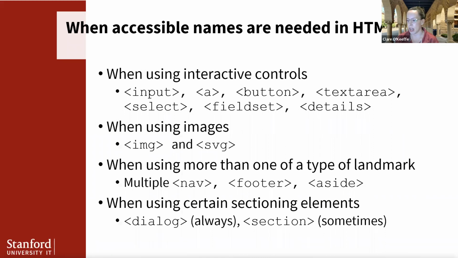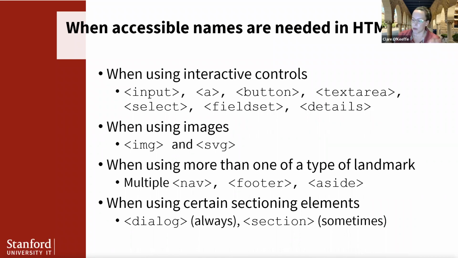And they need to have a name so that people can, let's say someone uses a screen reader, can hear what it is. What is the purpose of this? Okay, it's a button, but what does it do? Okay, it's a link, but what does it do? It needs a name. Same when putting images on a page. So whether it's the IMG element or an SVG, if they're meaningful and provide important information on the website, then they need to have accessible names as well, so that information can be conveyed.